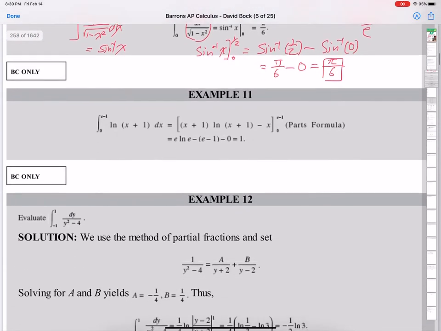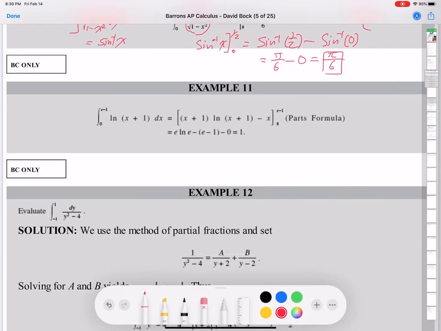Number 11, integral ln of x plus 1. What is the formula for ln x dx? It is x times ln absolute value of x minus x plus c. Got it?